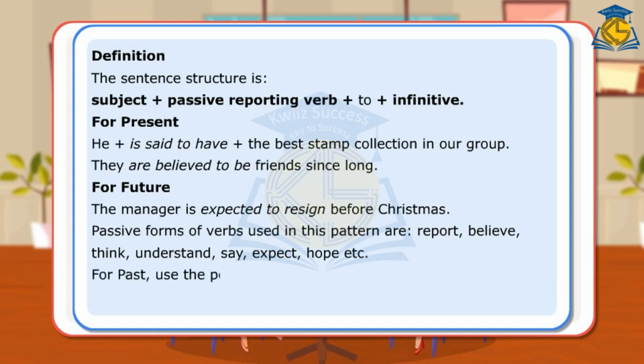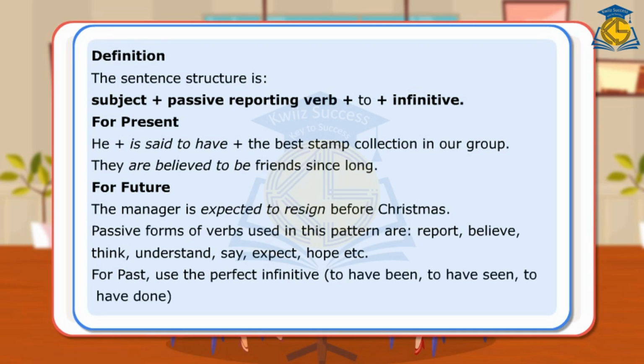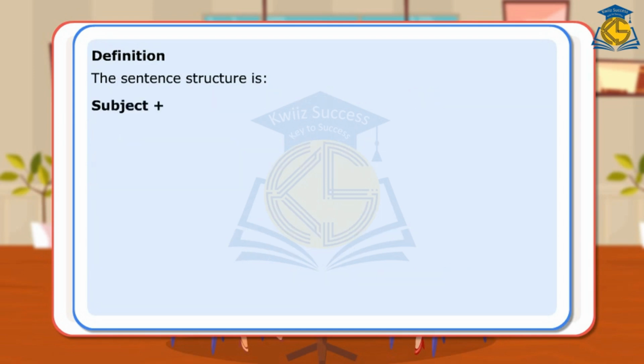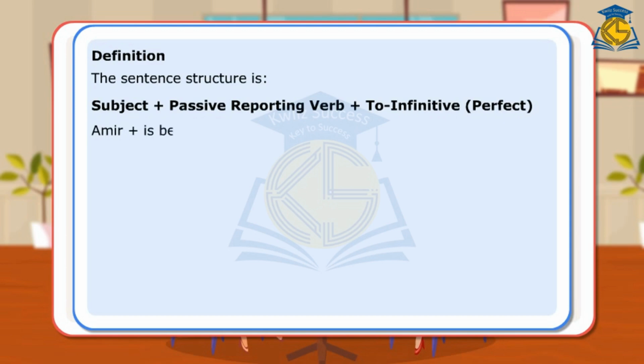For past, use the perfect infinitive: to have been, to have seen, to have done. Subject plus passive reporting verb plus to plus perfect infinitive. Amir is believed to have shot the movie.